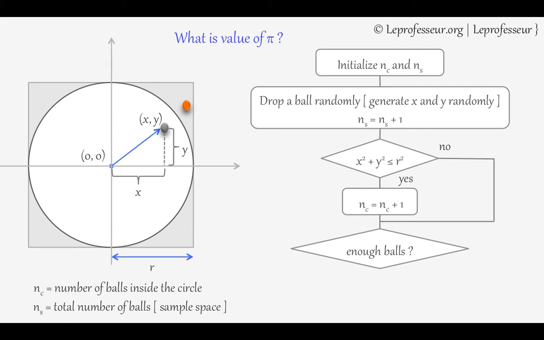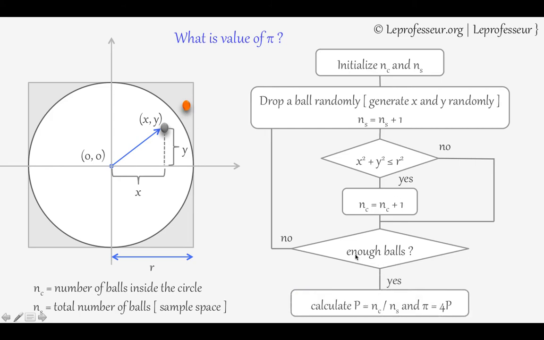Here the set of possible inputs is the number of balls. So we decide whether we have enough balls or not. If not, then we throw another ball and apply the same procedure: increment the value of NS and check whether this ball is within the circle or outside the circle.